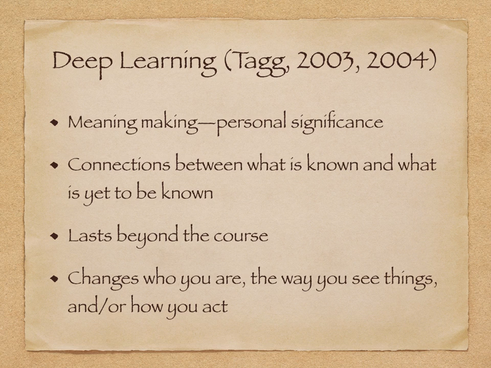So whatever the student wants to learn more about, we want to make sure that it is significant for them. As I was talking about previously in the Savinsky book, make those connections between what the student already knows and what is yet to be known. Make that bridge, connect to previous things. We also want to design our classes so it lasts beyond just, like in our course, 6 weeks.